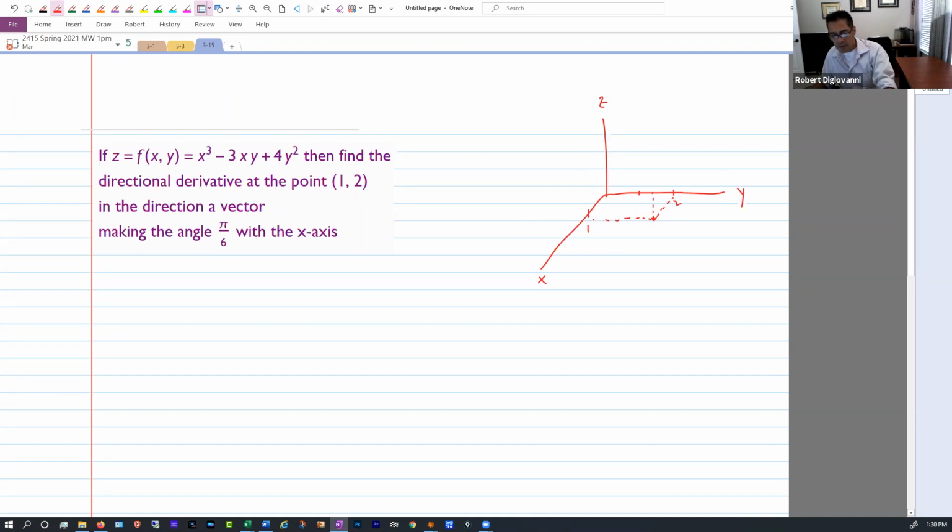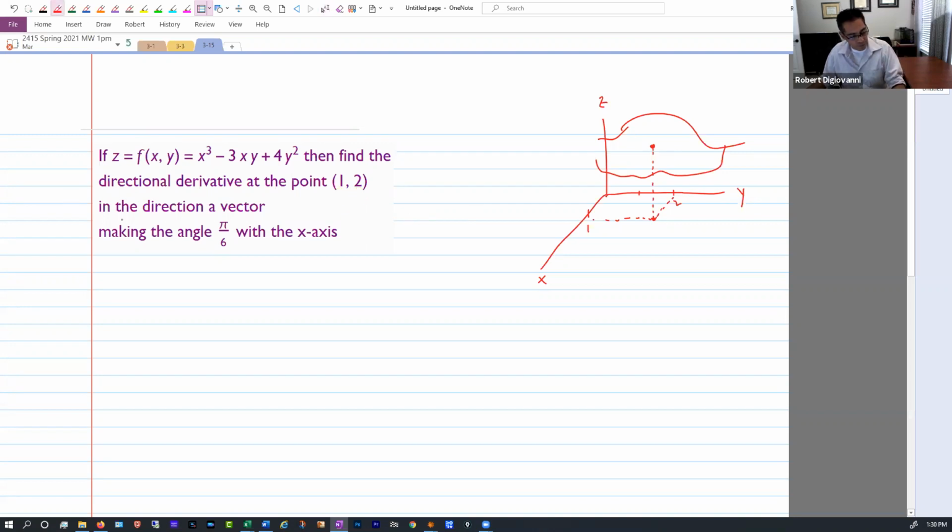We're going to go up to figure out where that is on the surface, and the surface is up here somewhere doing something. And what we're doing is we're going to try and find the slope of the tangent line in a specific direction. All right. Now, the direction they give us is not 1, 2.